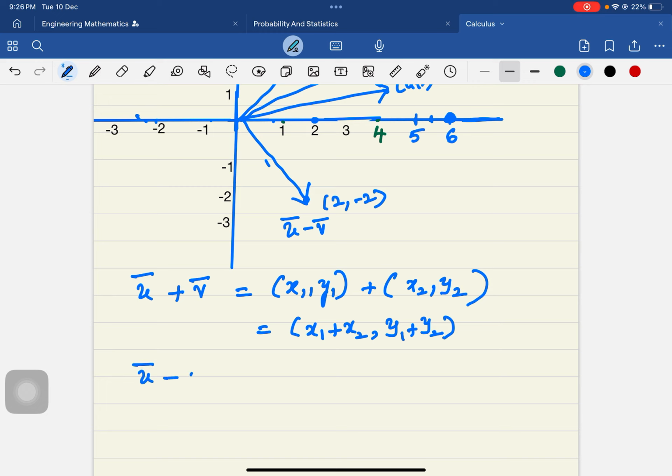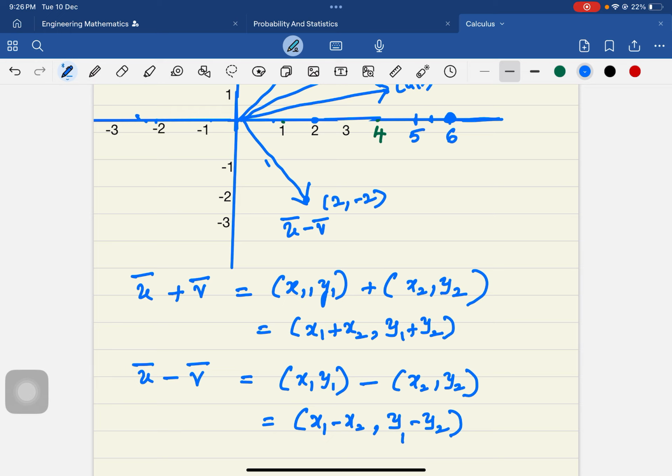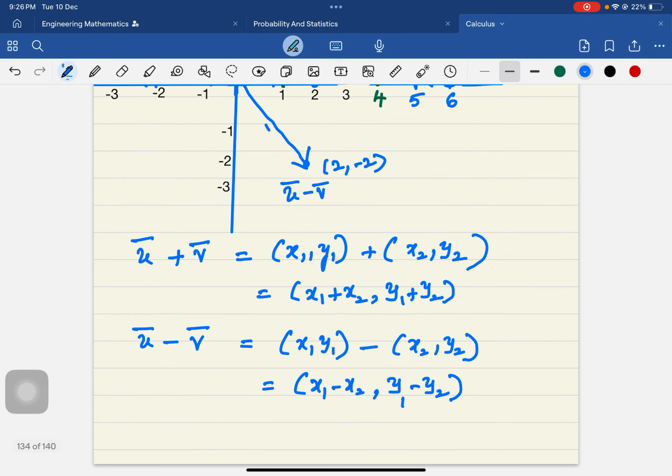In a similar way, u bar minus v bar is given by (x1, y1) minus (x2, y2), which is (x1 minus x2, y1 minus y2). This is u minus v. So this is the vector addition and vector subtraction.